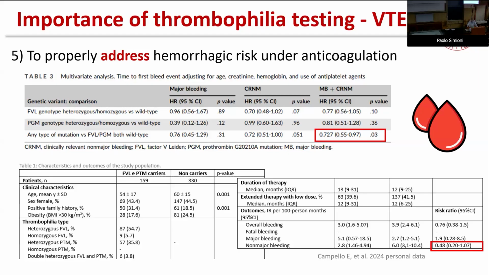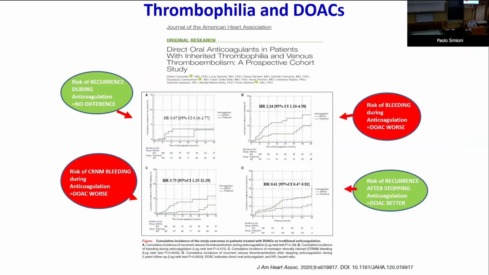So this is an important point. Well, patients with thrombophilia during oral anticoagulants tend to have less bleeding than patients who are not thrombophilic. So this is a little reassuring in treating this patient longer with oral anticoagulants.